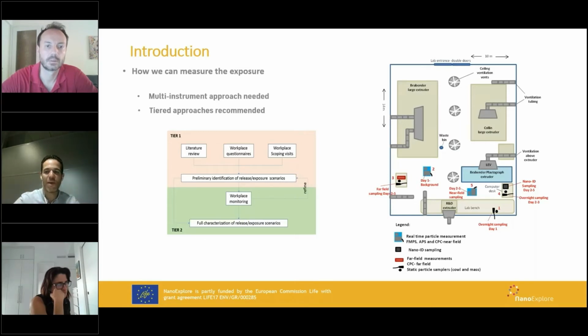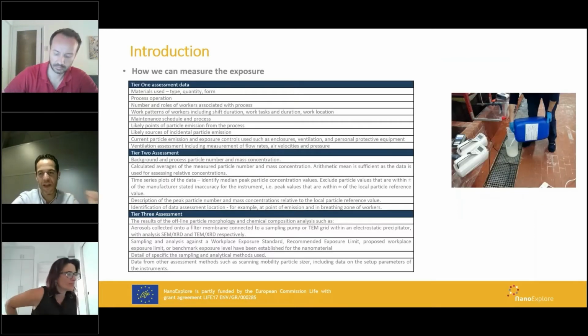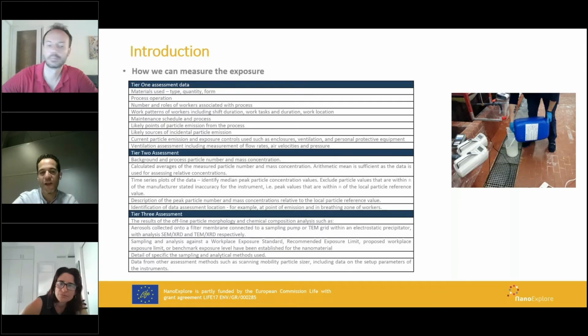All this information has to be compiled, and then you can make a plot analysis of the background and the level of exposure. You have here a summary of the different steps for the different analyses that we can perform. I normally recommend the tier 2 analysis for a first occupational health and safety analysis of the processes.